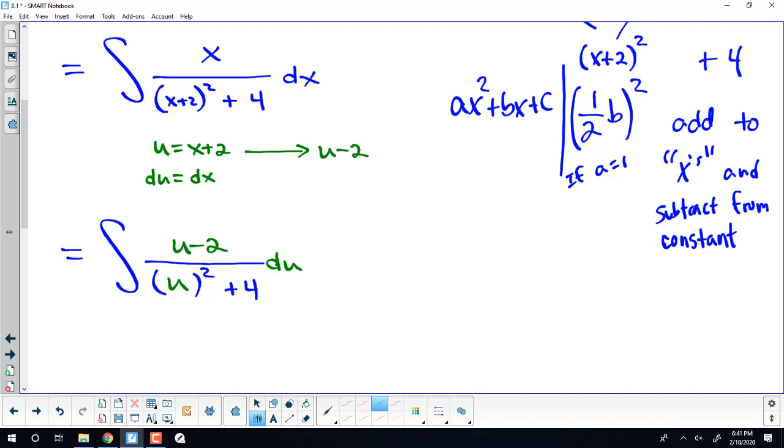With the u minus 2 up top over something squared plus 4, we can split this up, right? So we could say that it's u over all of this stuff, minus 2 over all that stuff.